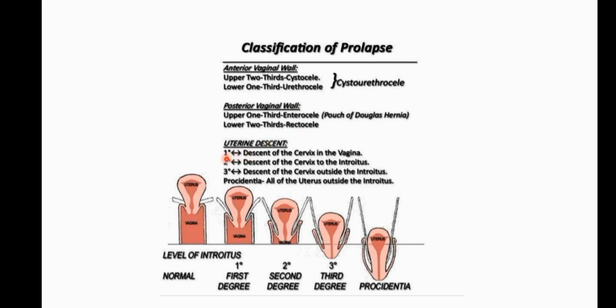So you can see that there can be anterior vaginal wall prolapse, posterior wall prolapse, or uterine descent. Whenever there is descent of the uterus, it takes the vaginal walls along with it, either anteriorly or posteriorly. So ultimately, anterior vaginal wall can descend or posterior vaginal wall can descend, and along with it, the uterus is also displaced from the normal anatomical confines.